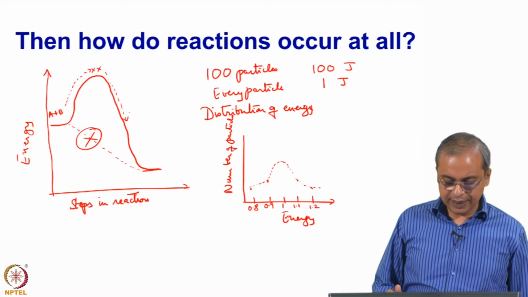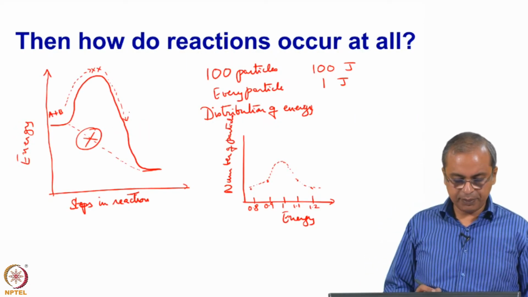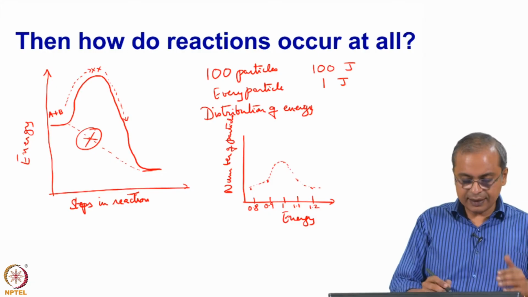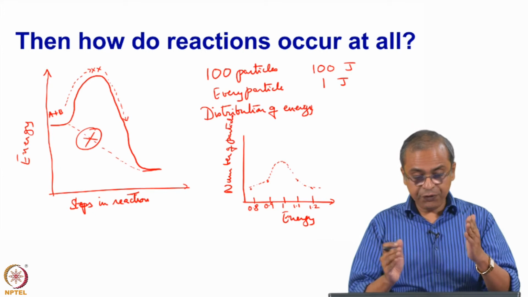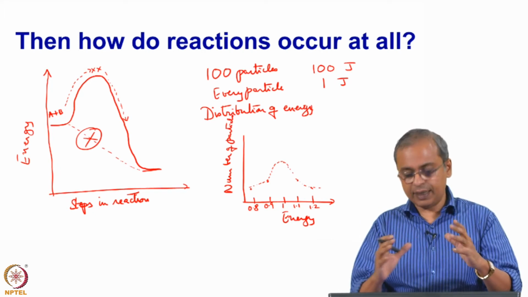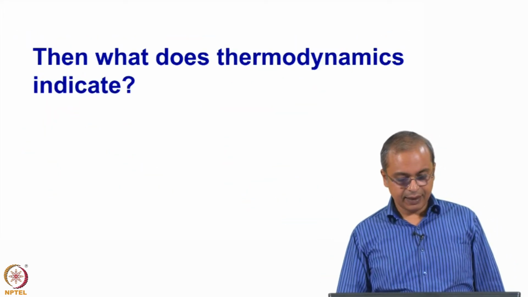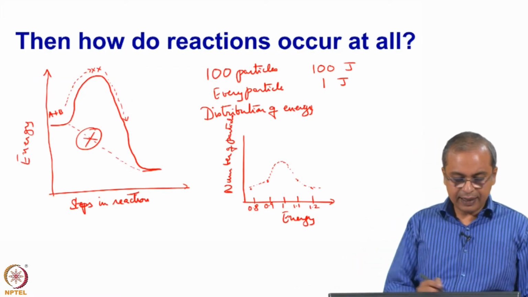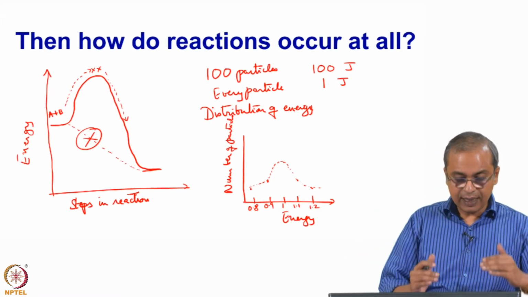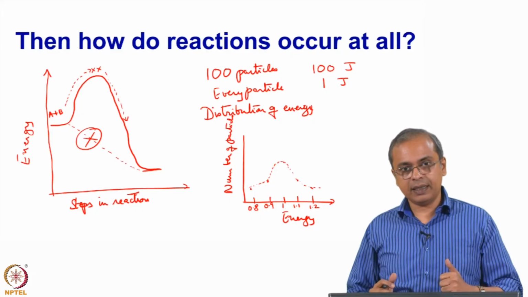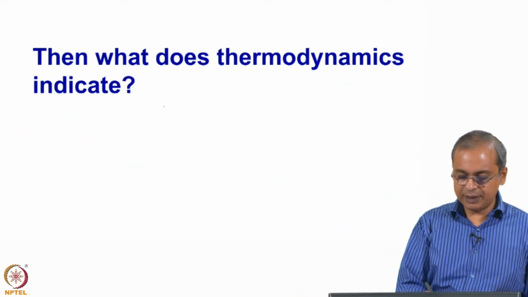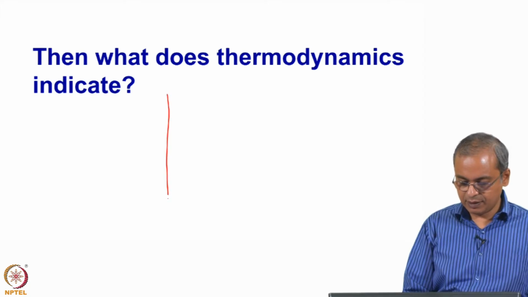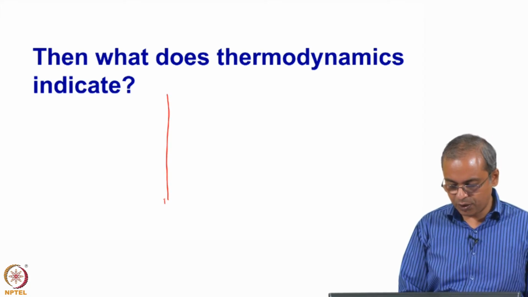If you basically look at this possibility here, you see that it climbs up the hill and climbs down. If you take a particular reaction and look at the different possibilities that are there for it, thermodynamically this is what is happening. So what does thermodynamics indicate? It indicates exactly what we just put down here.